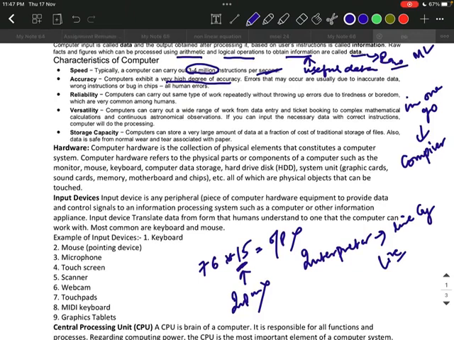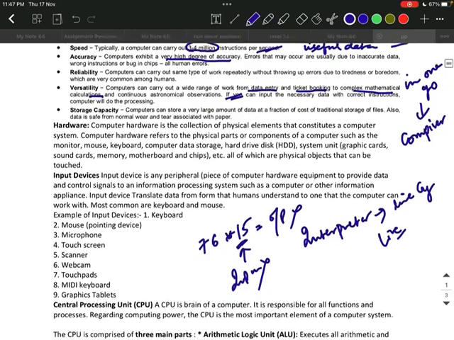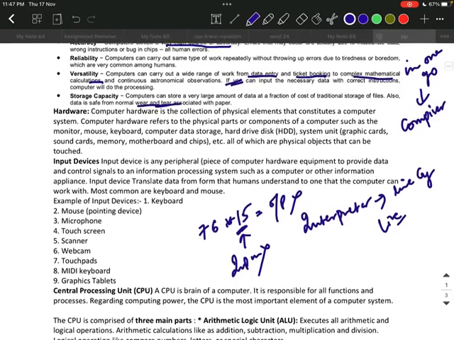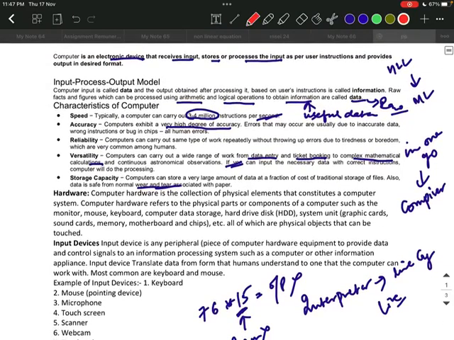Versatile means you can do a lot of operations, a lot of things. आप बहुत सारा काम कर सकते हैं, from data entry to ticket booking to doing certain complex calculations, etc. Then the storage capacity, so it can store a very large amount of data at a fraction of the cost of traditional storage of files, right? और ये भी कह सकते हैं, ये जो कंप्यूटर्स हैं ये इतना वेयर एंड टियर नहीं होता है, इतनी जल्दी थकता नहीं है. So these are certain characteristics of computers that you people should be aware of.